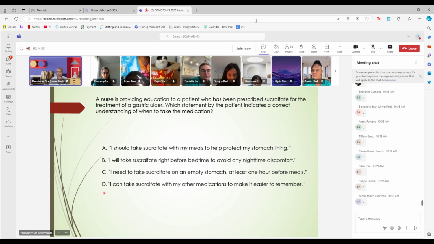Excellent. Yes, C is the correct choice here. So take on an empty stomach, because it's a protectant. It forms a protective barrier.